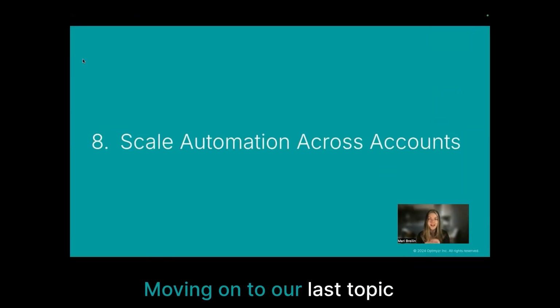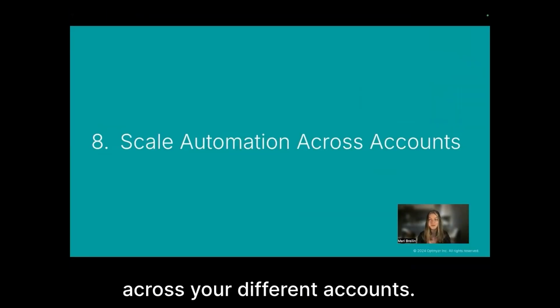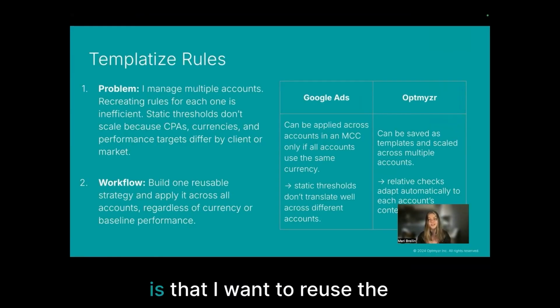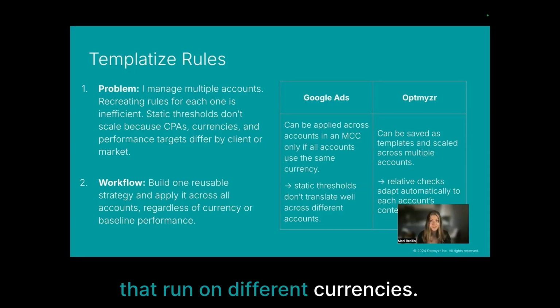Moving on to our last topic today, scaling these rules across your different accounts. The problem statement is that I want to reuse the rules that I've created. Static thresholds are not really scalable. I have accounts under my portfolio that run on different currencies.